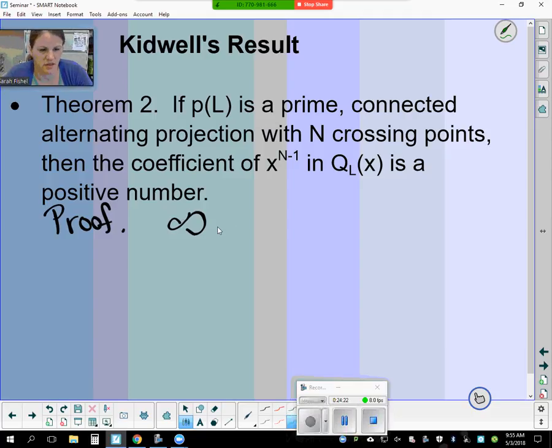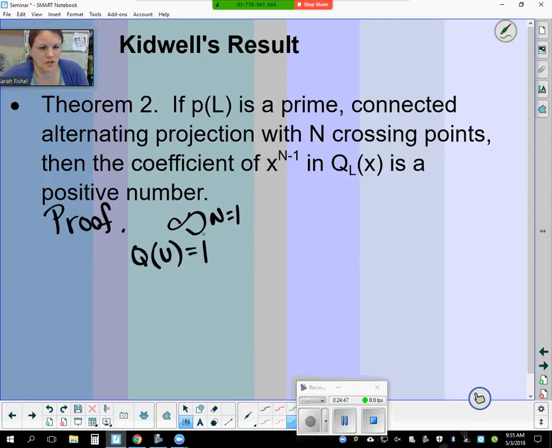In this case, our n happens to equal just 1. There's only one crossing. The reason we know this is true is because our first rule is that the Q polynomial of the unknot, which this is, because remember a Q polynomial is an invariant, so it doesn't matter what projection we're dealing with, it has to equal 1.